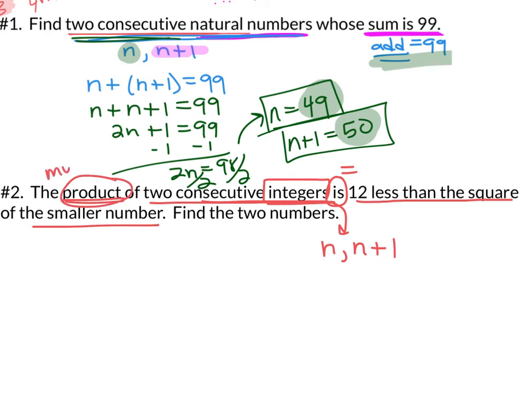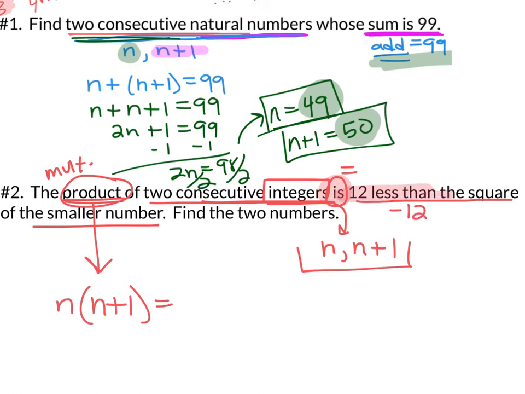First of all, product means multiply. So when I multiply these two numbers, n times n plus 1, it equals 12 less than. Be careful with that, because that means you're subtracting 12 from the square of the smaller number.